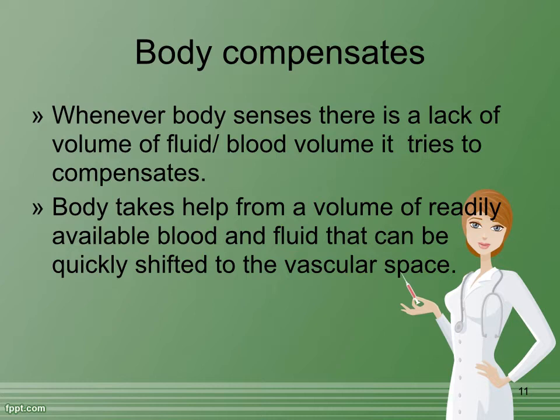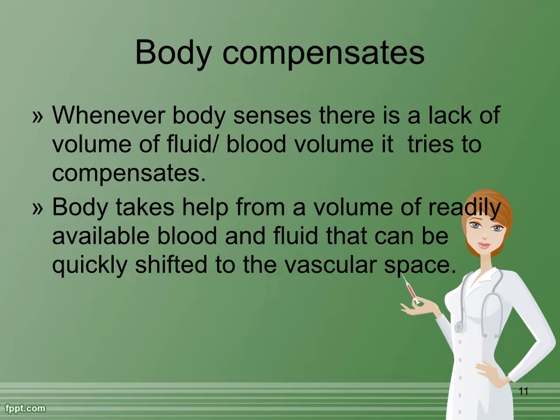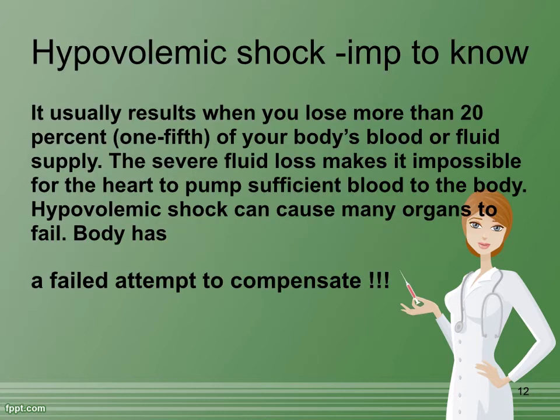In hypovolemic shock, so I was on slide 10, now I'm going to slide 11. In hypovolemic shock, whenever the body senses there is a lack of fluid or blood volume, it tries to compensate. The body starts taking help from a volume of readily available blood and fluid that can be quickly shifted to the vascular space.